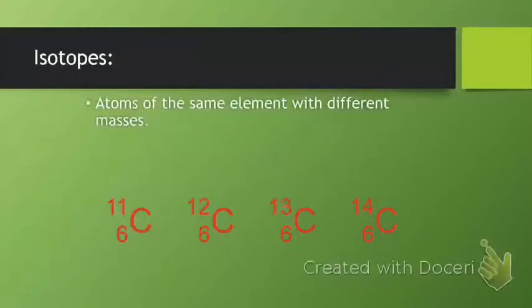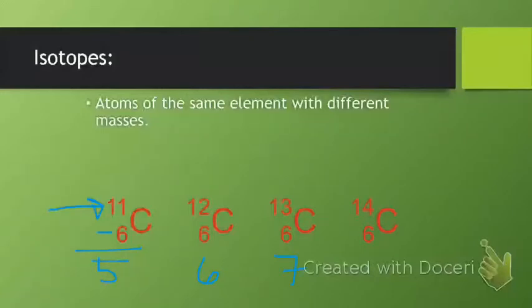So what does that indicate? Well, once again, we already know that the larger number is the mass number. So you take the mass number, 11, minus the 6. That's going to give you the number of neutrons. So C11, or carbon 11, has 5 neutrons. Carbon 12 has 6.